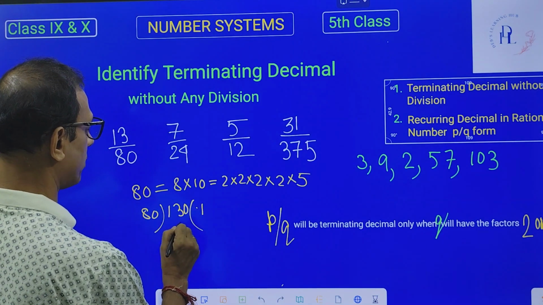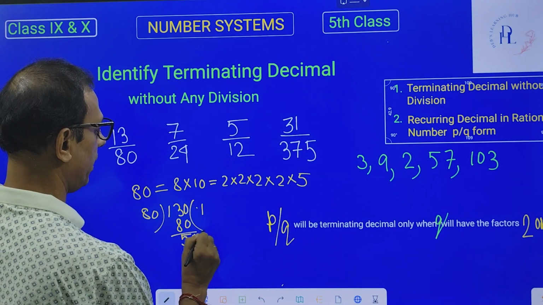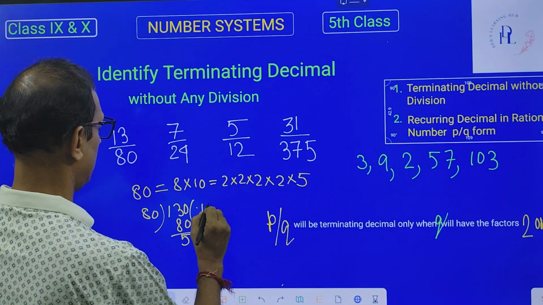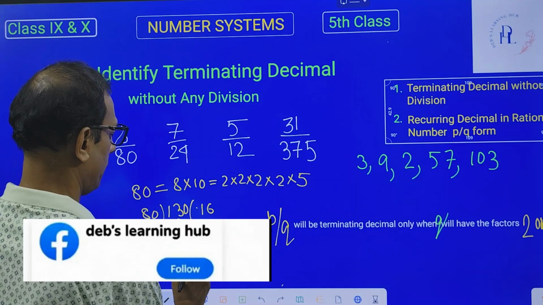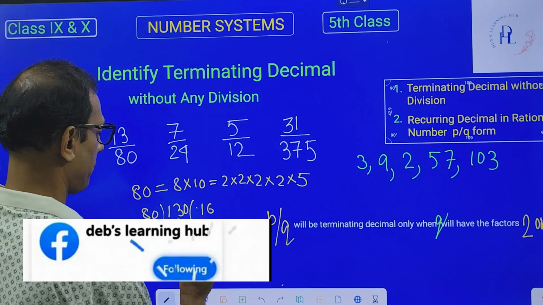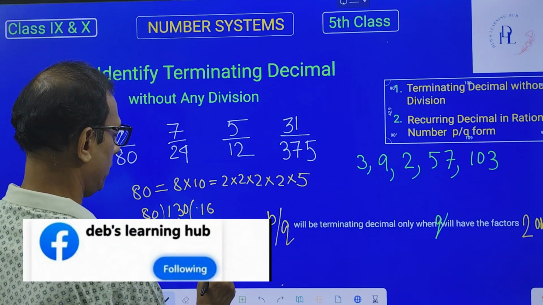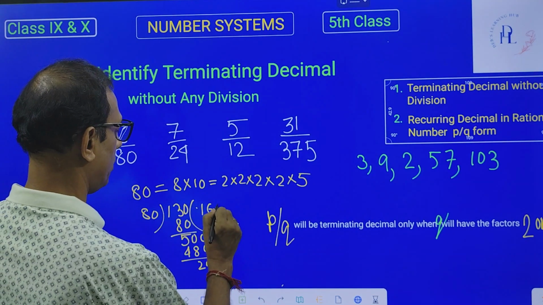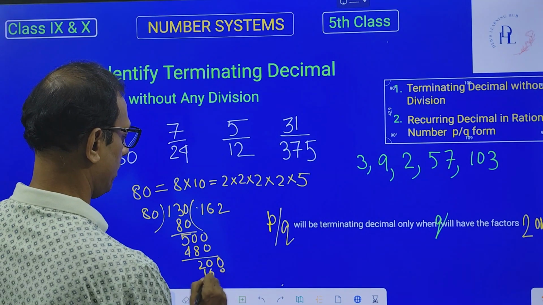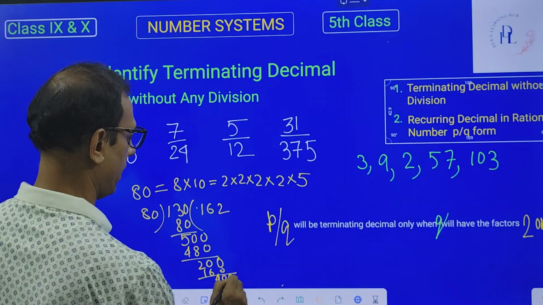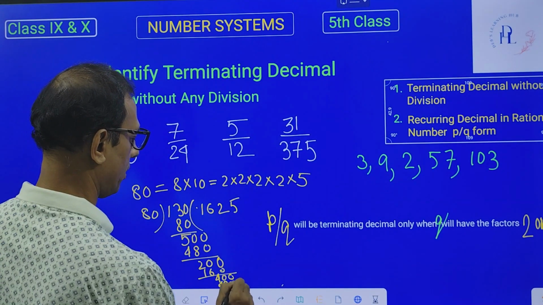So 0.0, 81 is 80, then 50, then again 0, 680, 480, 20, another 0, 80, 160, that means 40, then another 0, that means 5, and the division is complete.